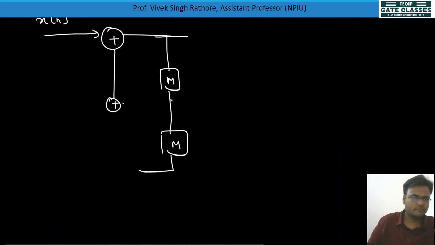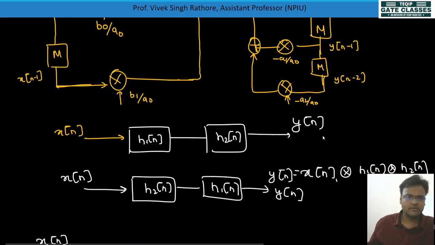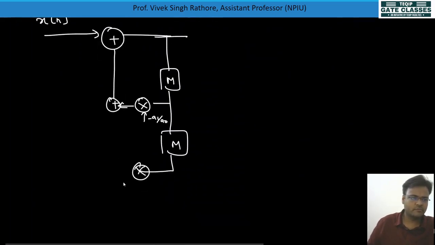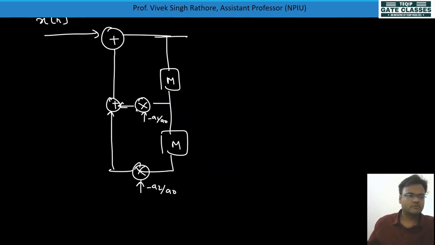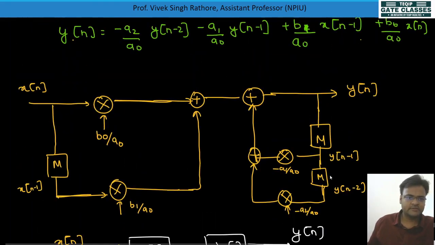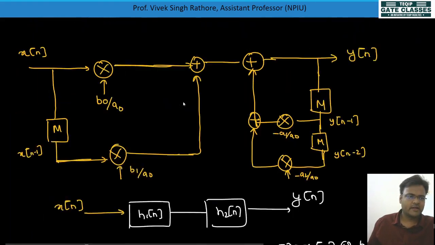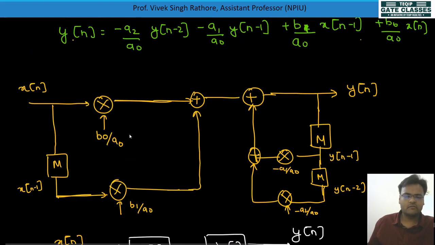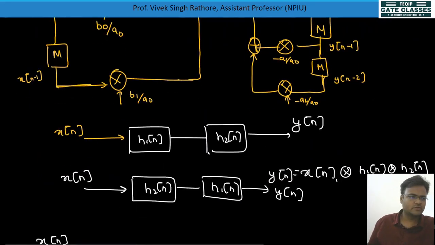So we can plot here minus a1 by a0, and we'll give it to this. And here also one combination is there, minus a2 by a naught, so we'll make it minus a2 by a naught, and we can put an addition over it. So the right hand side comes on the left hand side, and I'll tell you why we are doing it, why it is not sufficient, so it is not good.